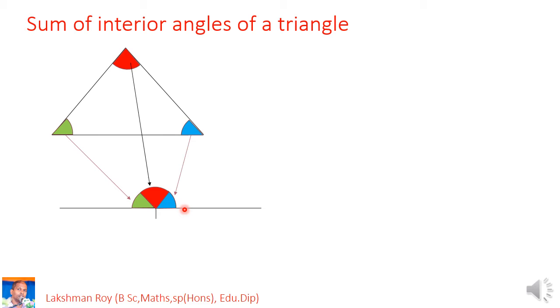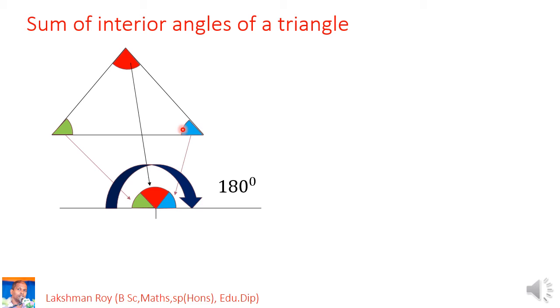That means the sum of these three angles is equal to this whole angle, 180 degrees. What does this mean? It means that if you add the three interior angles of a triangle, you get 180 degrees. So this is true for any triangle.